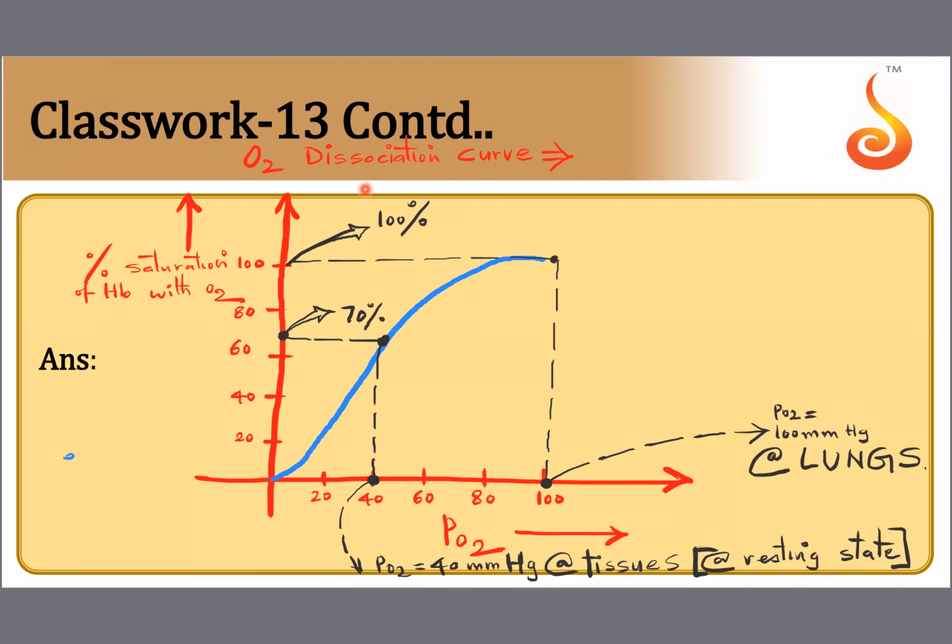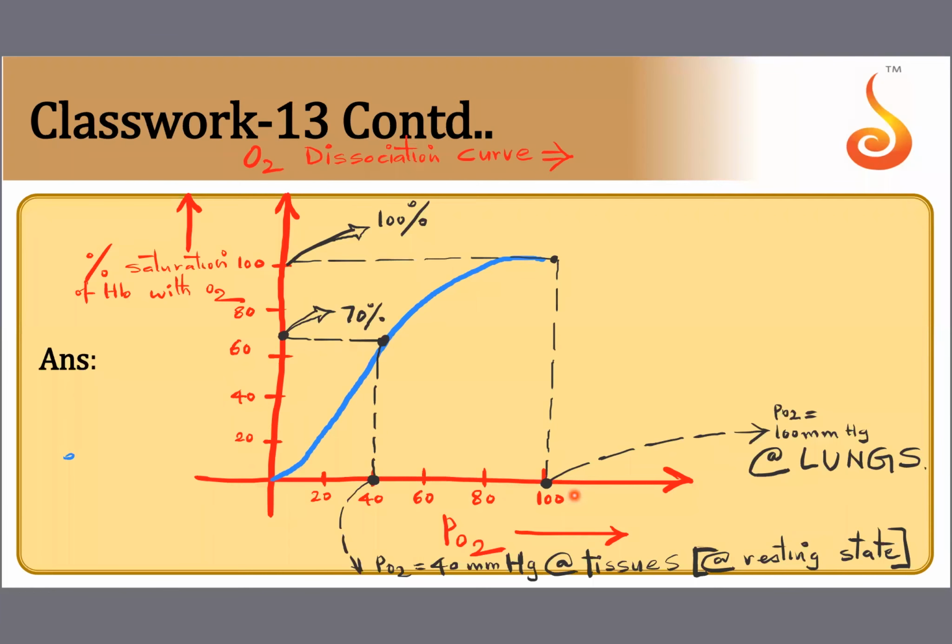So much of love in the lungs. Why? Because of the higher partial pressure of oxygen. So now you know that partial pressure of oxygen has a direct effect on saturation. Higher the partial pressure of oxygen, higher is the saturation. All hemoglobin molecules are in love with oxygen, 100% saturation.